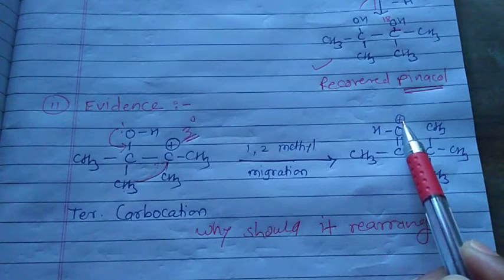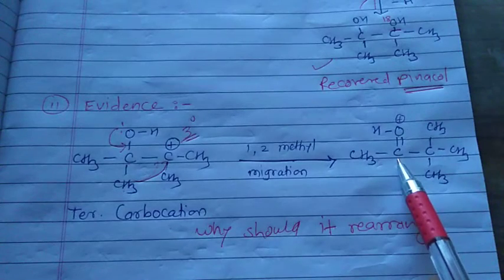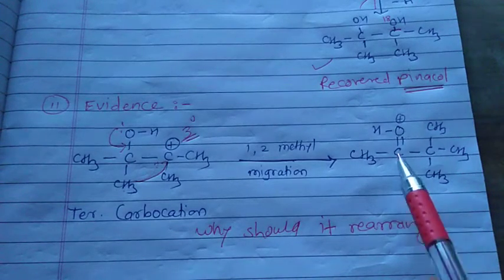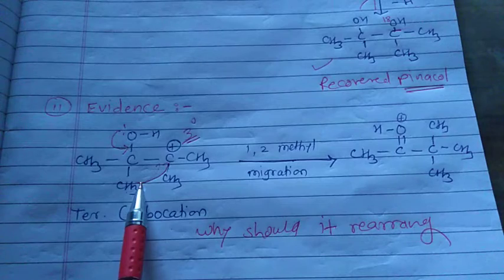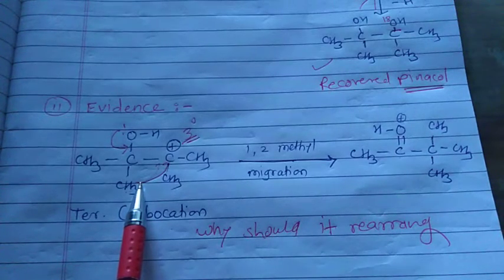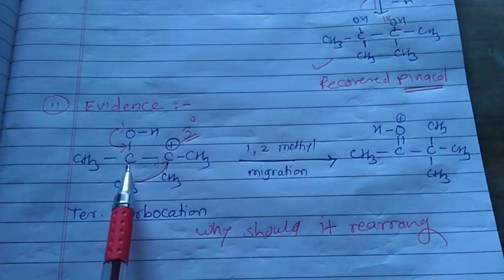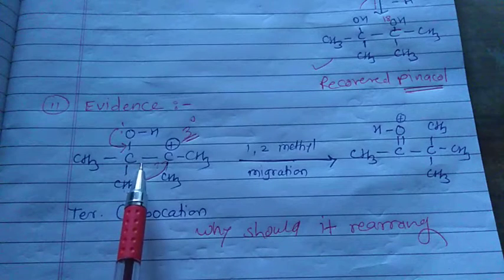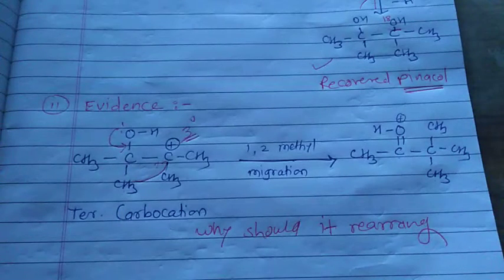That is called what? Oxonium cation. In a carbocation, the carbon has an incomplete octet. In the oxonium cation, every atom has a complete octet.